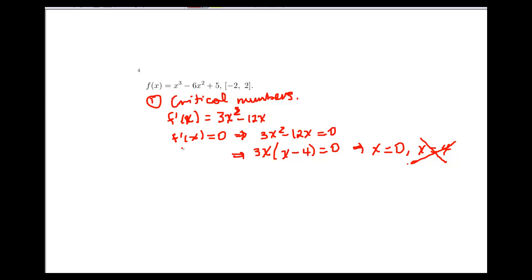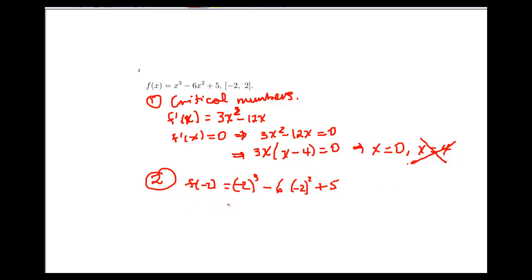Now the next thing to do is compute f of a, f of b, and f of the critical numbers. In this case, f of 0. f of a is f of -2. That's -2 cubed minus 6 times -2 squared plus 5.